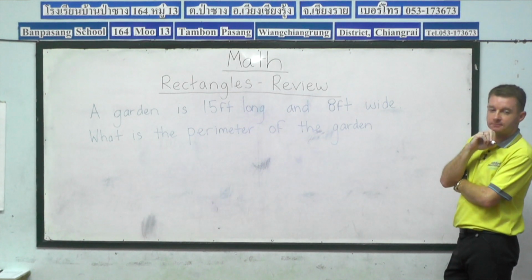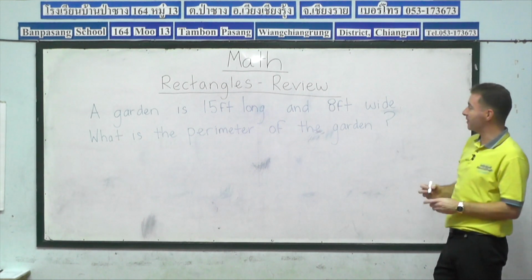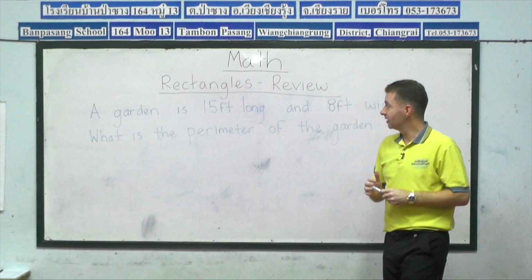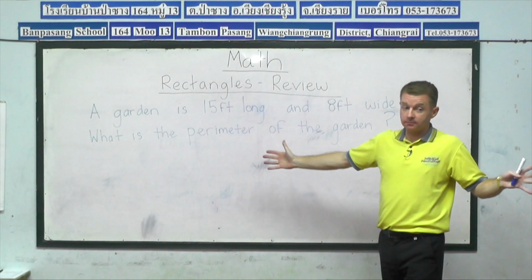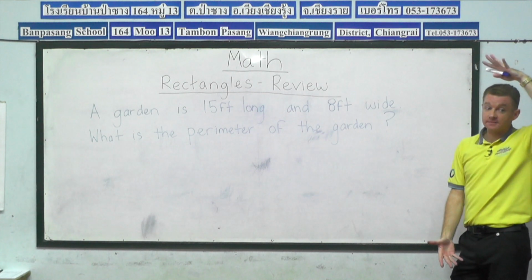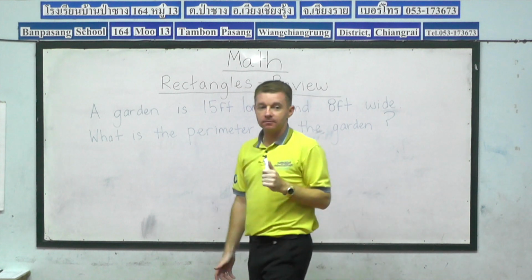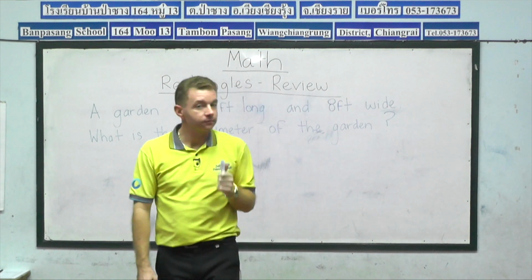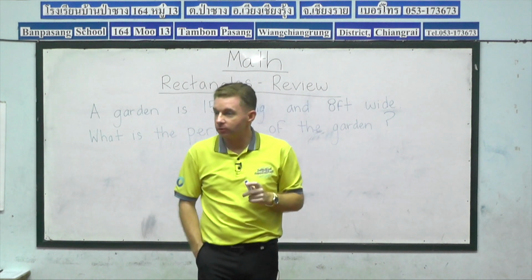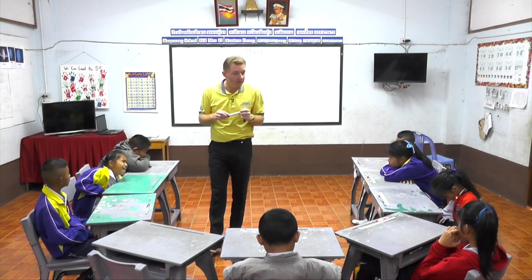Is that correct? What do I forget? Correct. So let's say it all together now, guys. A garden is 15 foot long and 8 foot wide. What is the perimeter of the garden? Okay, so let's see what student can come forward and demonstrate how to work out the perimeter of the garden.